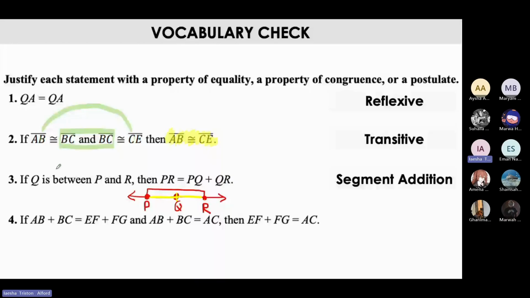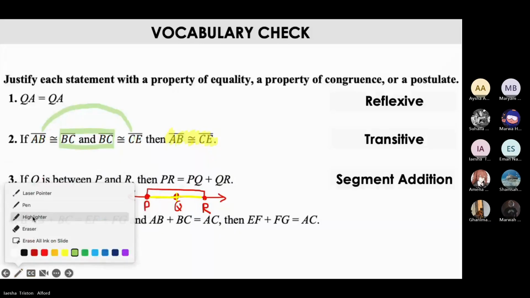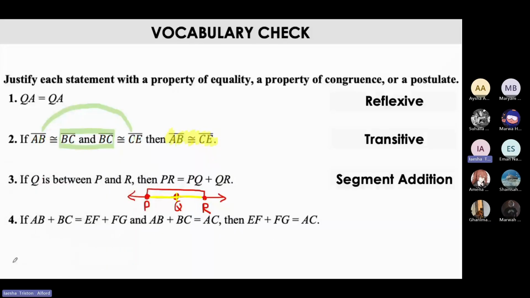The last line: AB plus BC equals EF plus FG, and AB plus BC equals AC. Then EF plus FG equals AC. What happened? Let me change the color. How did we get this? What did we start with?